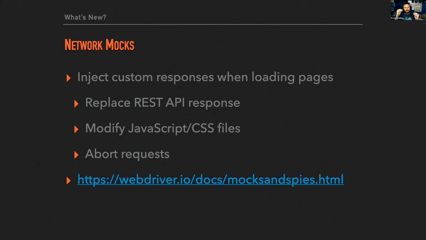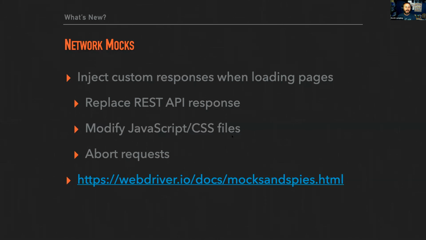It's going to return, and what WebdriverIO is going to do is say, oh, I'm going to yoink that here and instead take this custom response and send it back to the browser. And this is super helpful if you're talking about test fixtures, to be able to have consistent data on your site for testing purposes only. And you can also modify JavaScript, CSS files. You can abort requests, cool things like that.